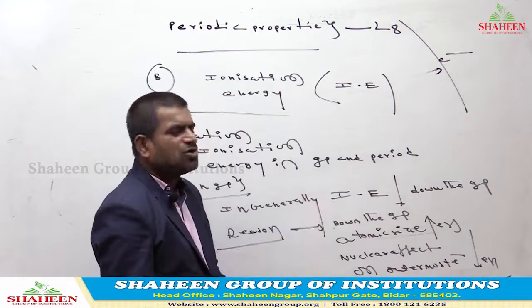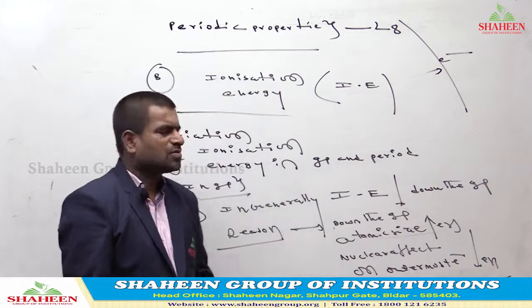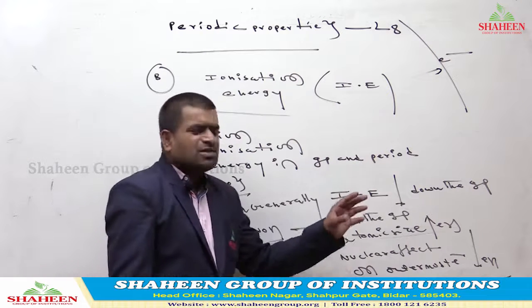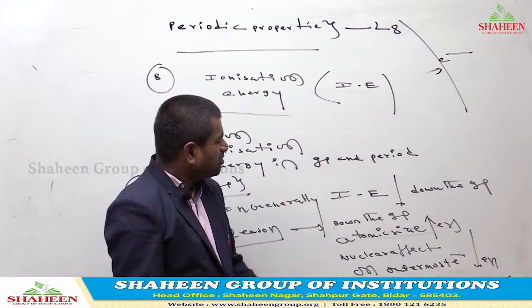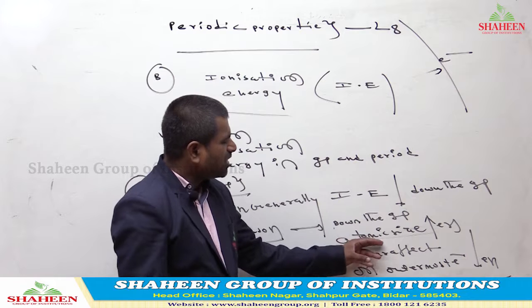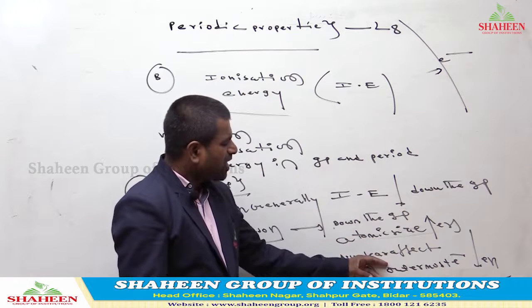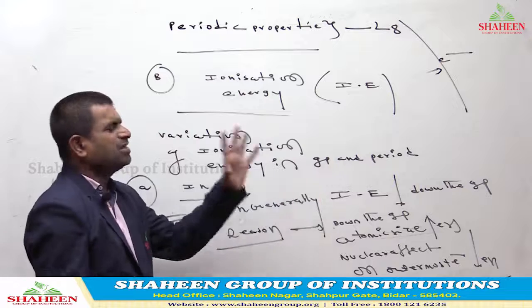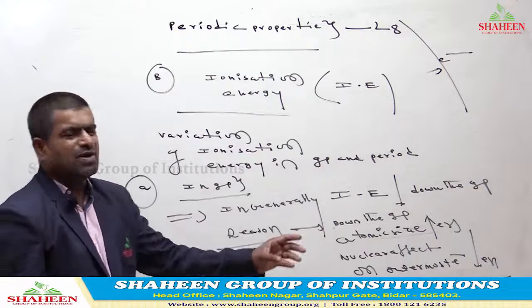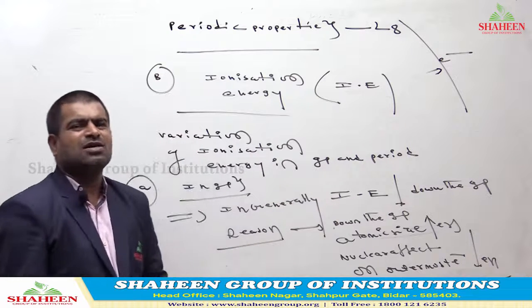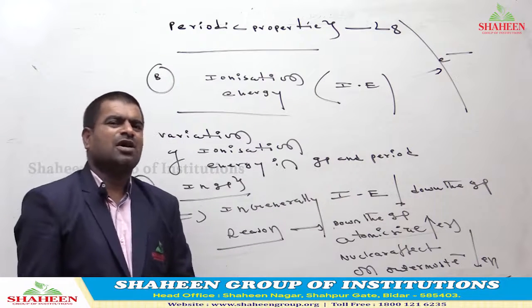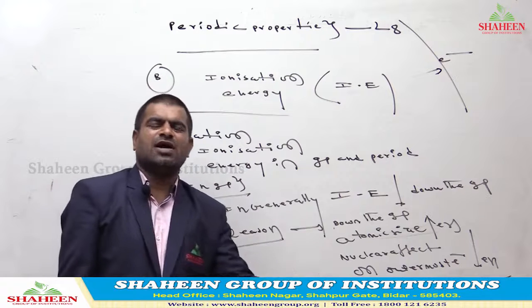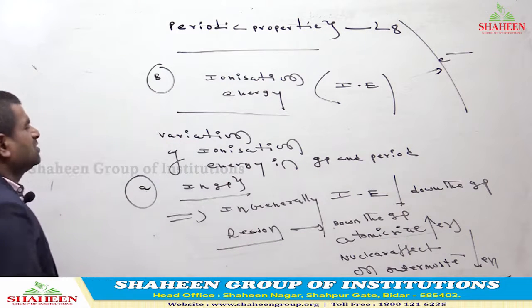Those important points you have to remember. The reason is that down the group atomic size increases and nuclear effect on the outermost electron decreases, so the energy required for removal of an electron from the outermost orbital of an atom is very small. That is why ionization energy decreases down the group.